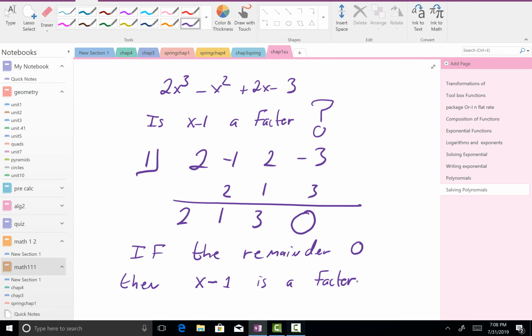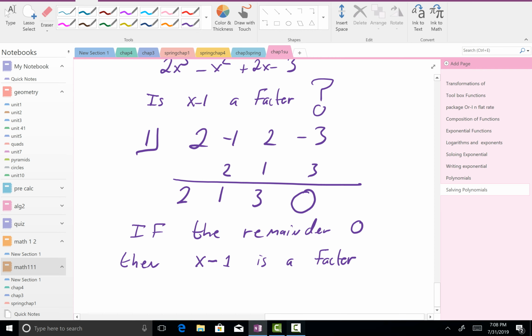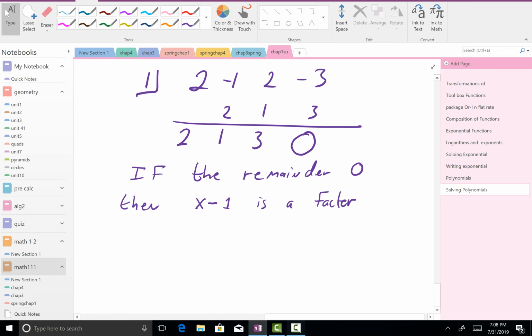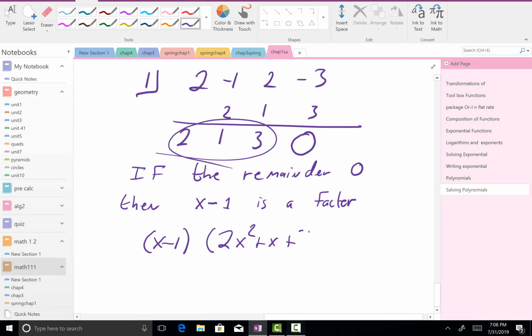Now, this gets a little bit more interesting after this. Because now that we know x minus 1 is a factor, I can write this as x minus 1 times what's left over right there: 2x squared plus x plus 3.